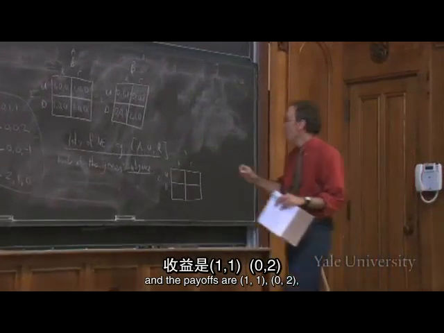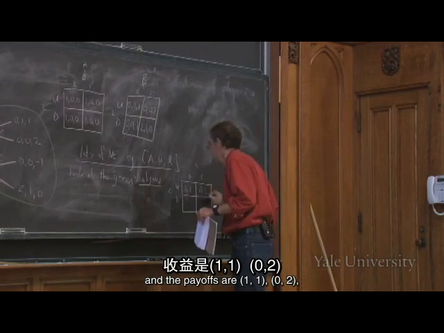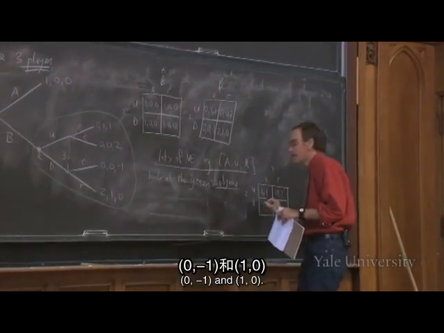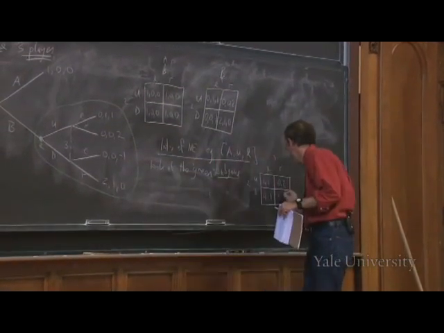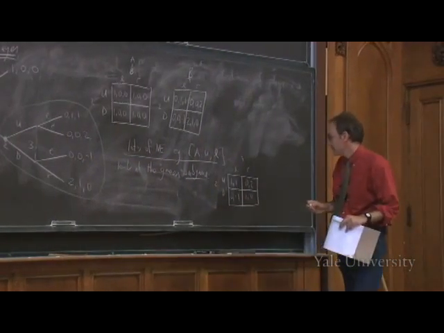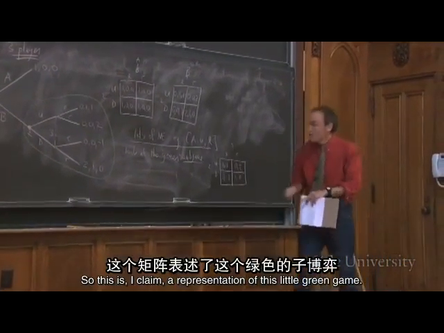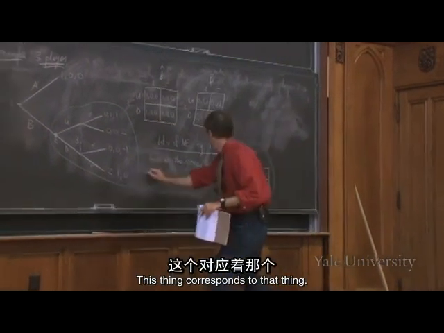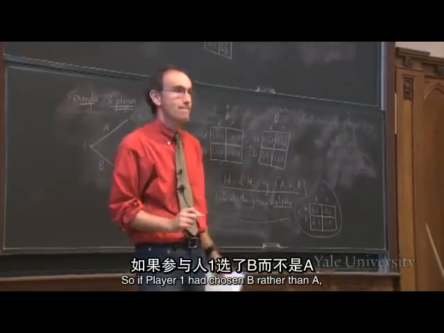And the payoffs are 1, 1, 0, 2, 0, minus 1, and 1, 0. All right. So this is, I claim, a representation of this little green game. Perhaps we should put this in green as well. All right, this thing corresponds to that thing. All right, everyone okay with that?